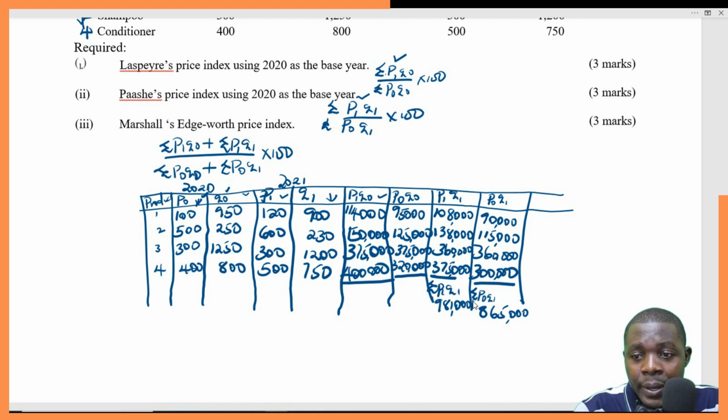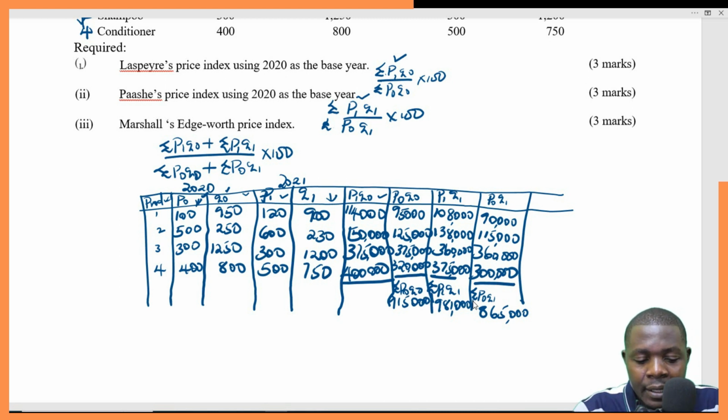Then we have 95,000. We are adding 125,000. Also have 375,000 plus 320,000. You get 915, the summation of P naught Q naught. We are having 915,000.